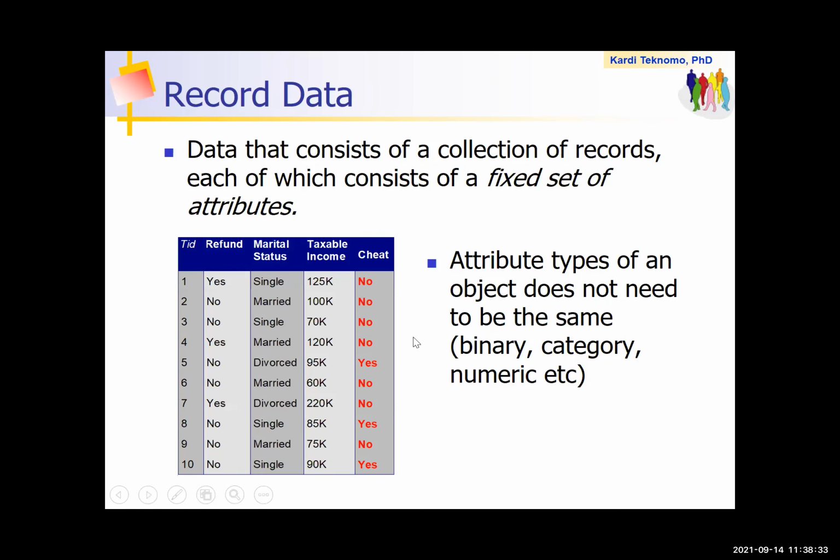Record data consists of records, which are the rows, which have a fixed set of attributes. So the total number of variables is fixed. The attributes do not need to have the same type. They can be binary, refund is binary, right? Marital status here is categorical, taxable income is numerical, and so on.